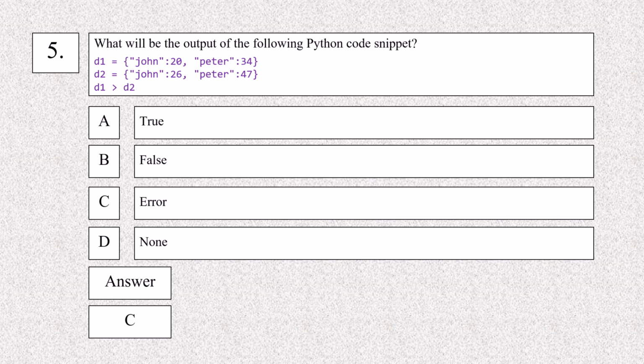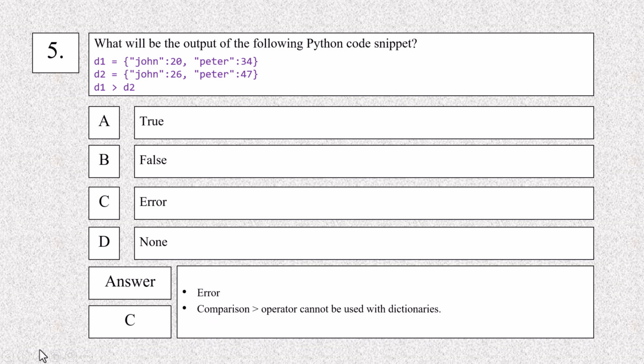The correct answer will be option C, that is it will give an error, and this operator is a comparison operator, and this comparison operator cannot be used with dictionaries. So in the case of dictionaries we cannot use the comparison operator like this.